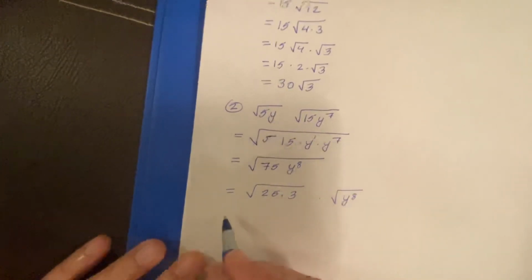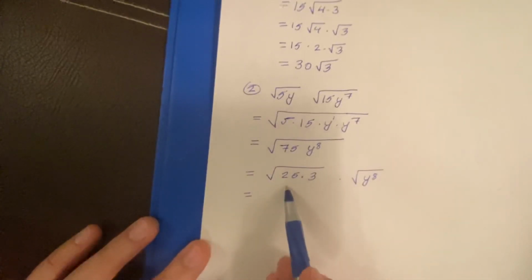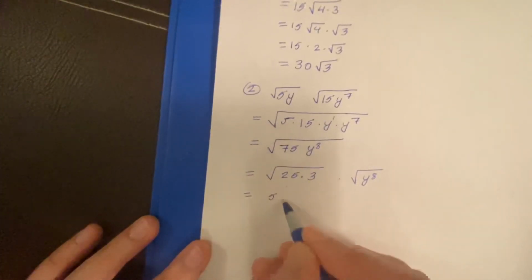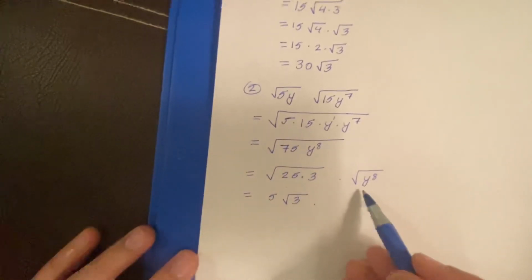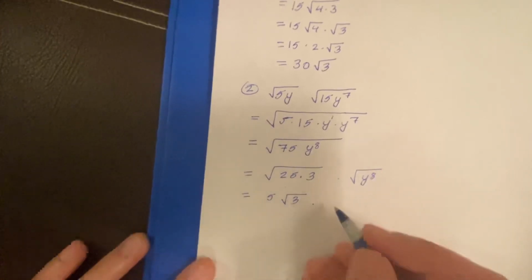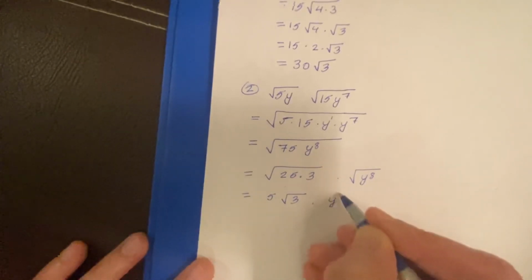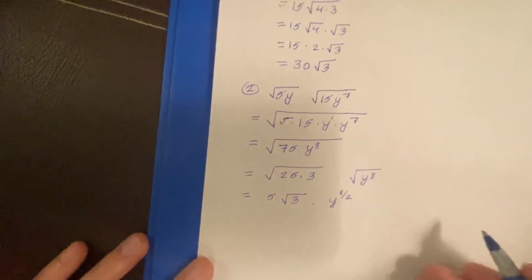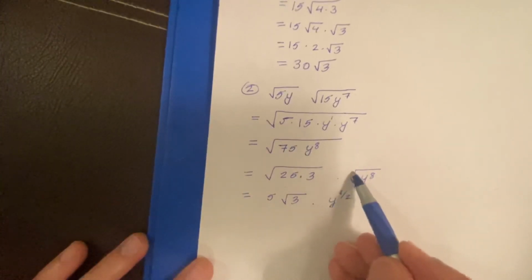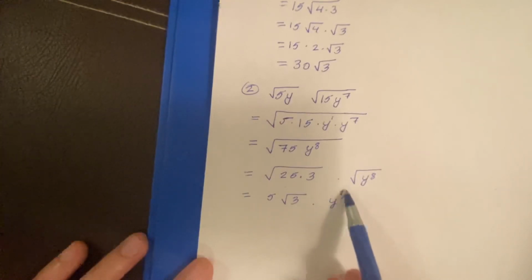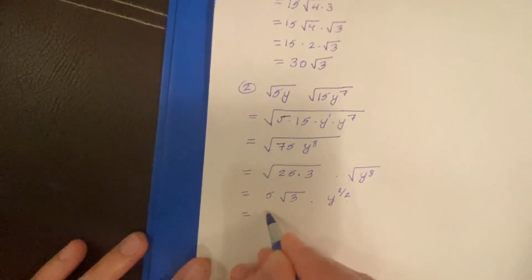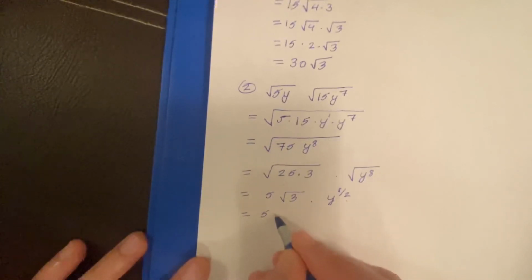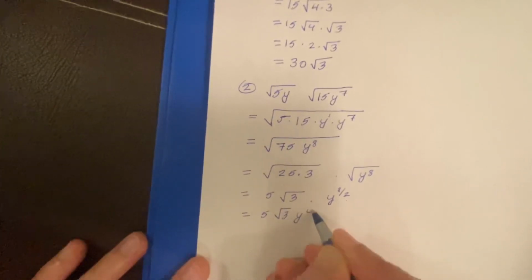So from here, square root of 25 is 5 times, still we have square root of 3, and square root of y to the power 8 is also y to the power 8 over 2. Because this one has the index 2, this 8 we can divide by this index number. So this gives 5 times square root of 3 times y to the power 4.